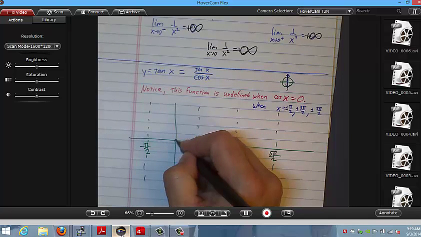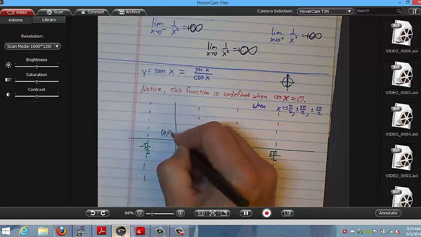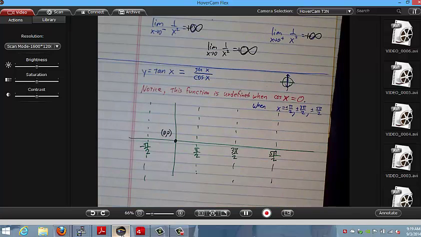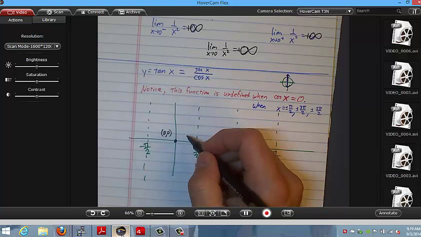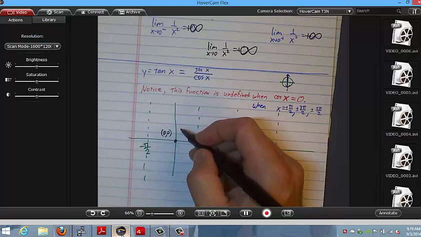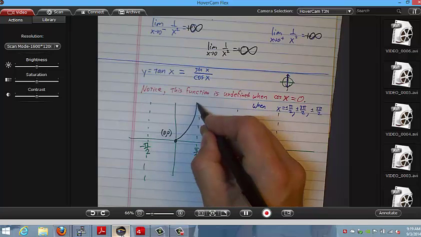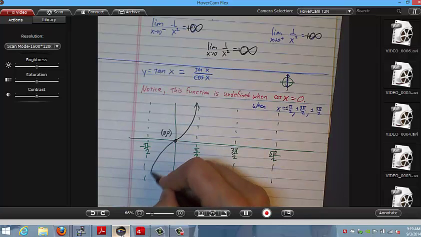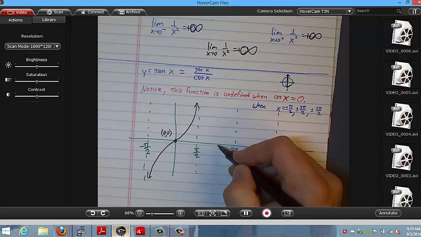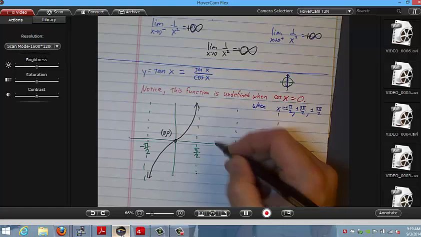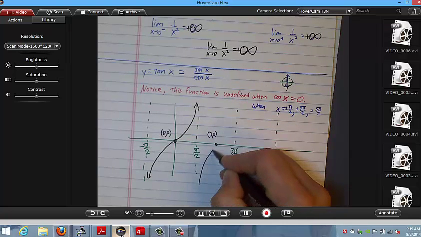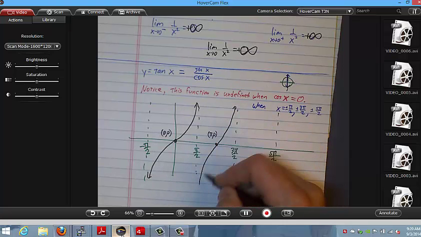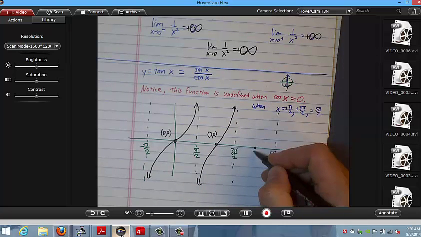It's going to go through 0, 0. And anyways, you get kind of a picture like this. And it's periodic. It's going to go through pi comma 0 also. You get this repeating pattern.